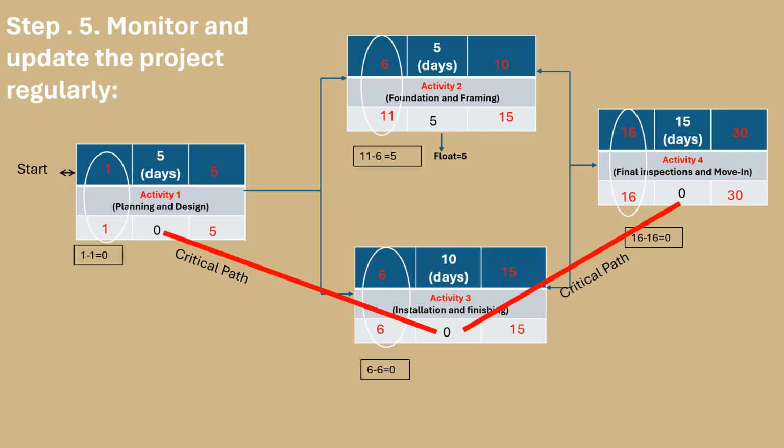Regular monitoring and updates are absolutely vital to success. Think of it as a continuous process of fine-tuning your project's performance, much like maintaining a finely tuned machine. This ongoing attention ensures that your project remains on track, adapts to any unforeseen challenges, and ultimately achieves its goals within the desired time frame.